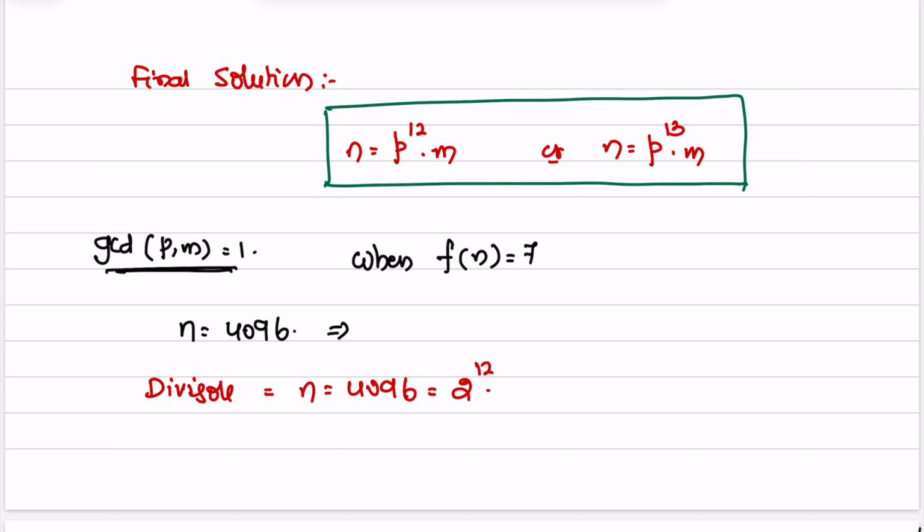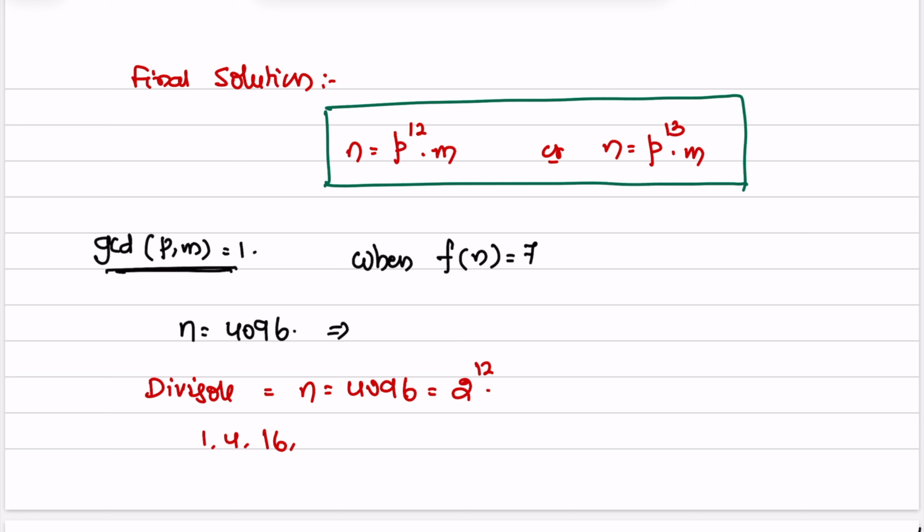And what are the perfect square divisors? 2 to the power of 0 is a divisor, 2 to the power of 2 is a divisor. We wanted only perfect square divisors, not others.